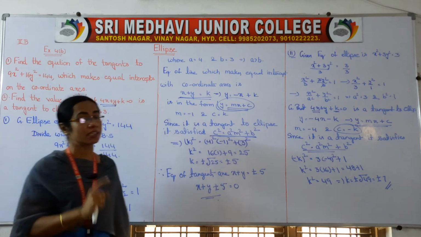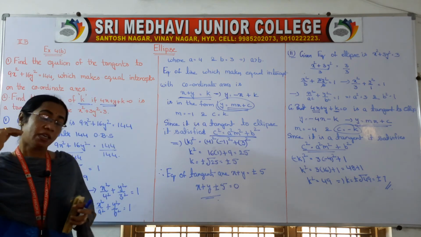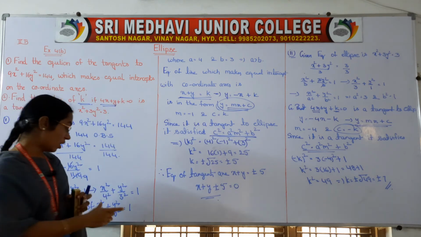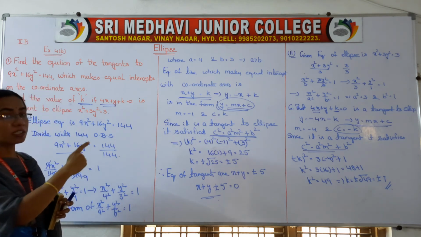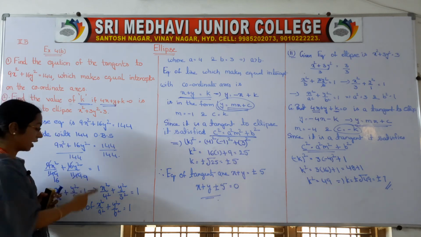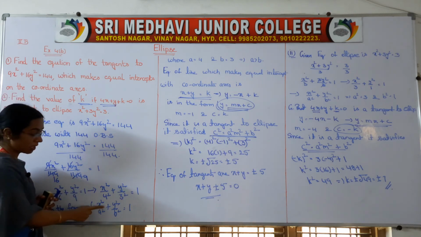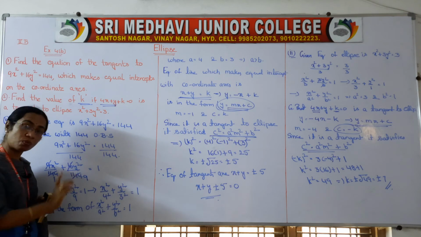That is the condition. That is why if the ellipse equation is also not in this form, we have to reduce it. See here in this problem, first we reduced the ellipse into this form x square by a square plus y square by b square is equal to 1.